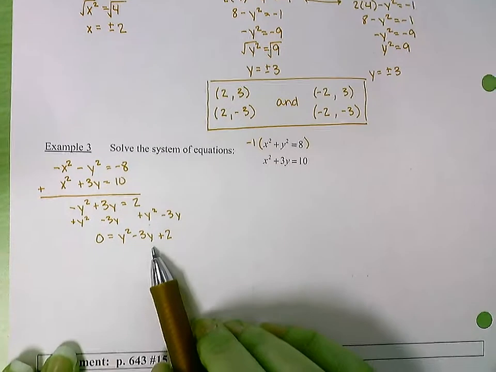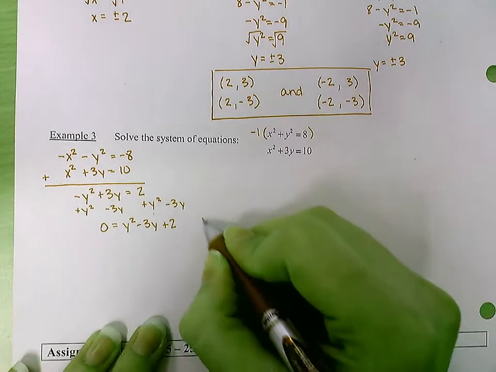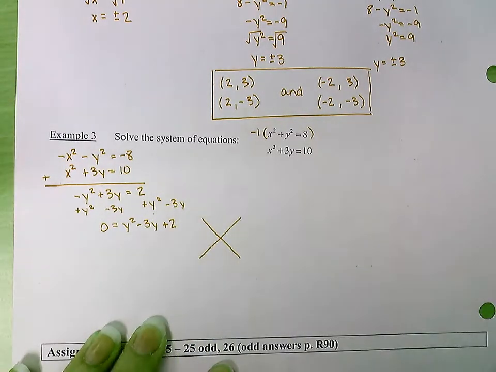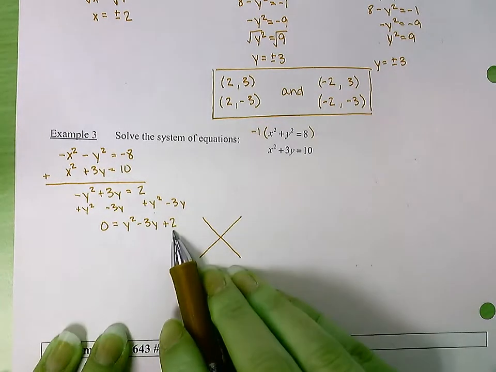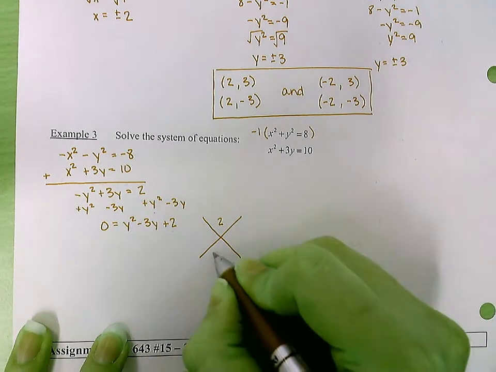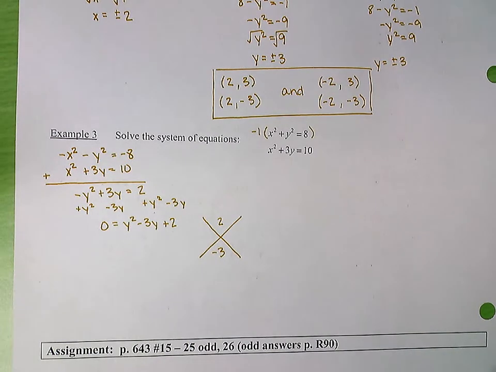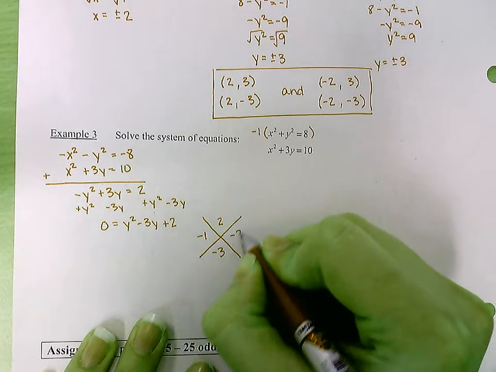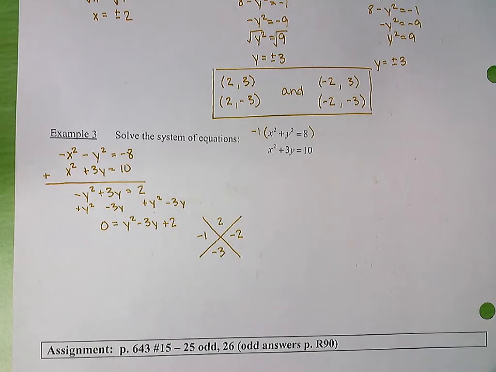So from here, I want to factor this. You can use your x method. It multiplies to get 2, adds to get negative 3. So what two numbers multiply to get 2? 2 and 1. And they're both going to be negative, so they can add to be negative 3.